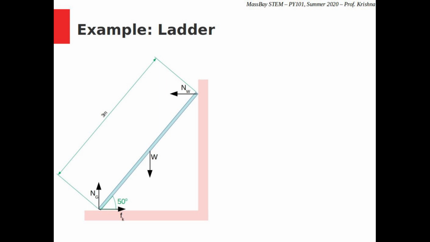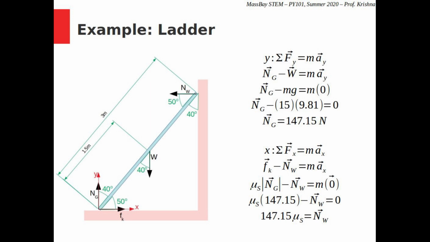The wall is frictionless, but the ground is not. The ladder is not moving. It feels four forces: weight, normal from the ground, friction with the ground, and normal with the wall. What are the values of the two normal forces and the coefficient of friction?